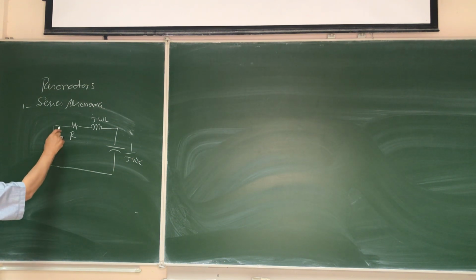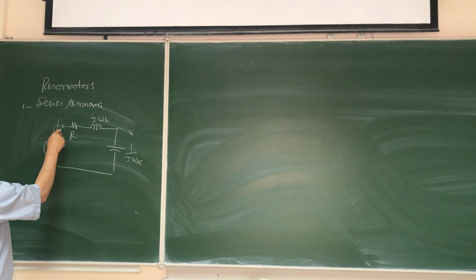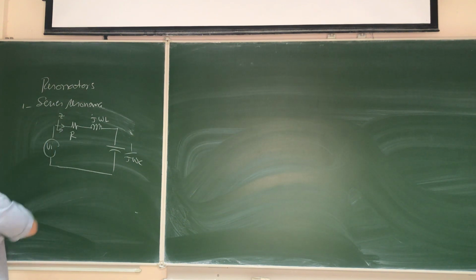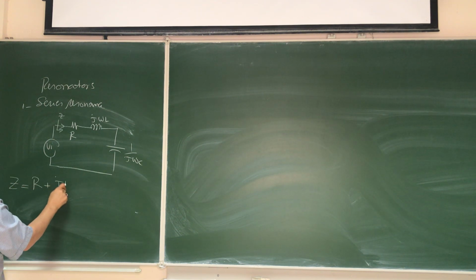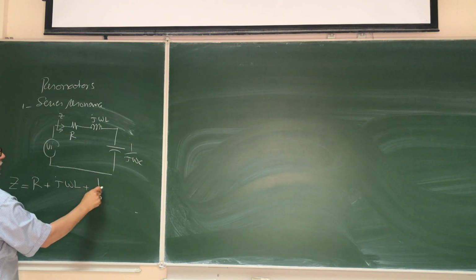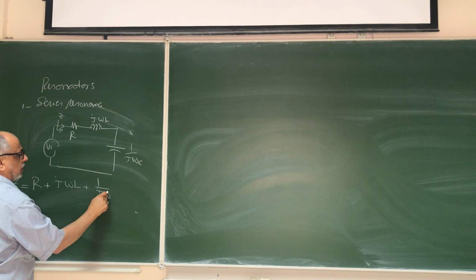If we find Z here, then Z simply equals R plus j omega L plus 1 over j omega C.